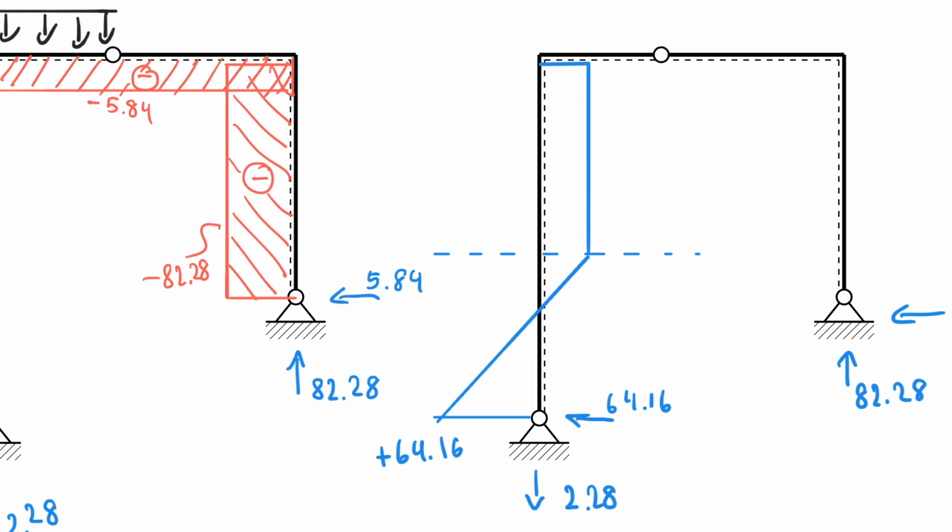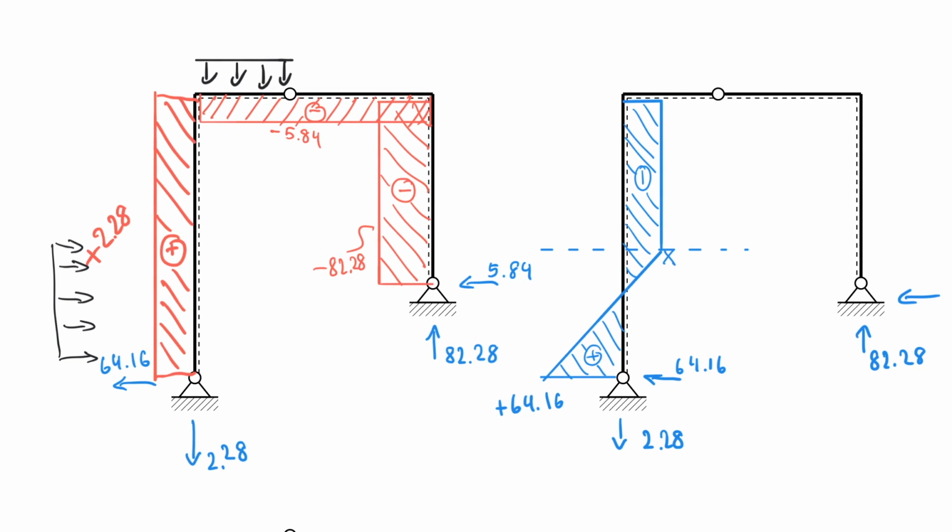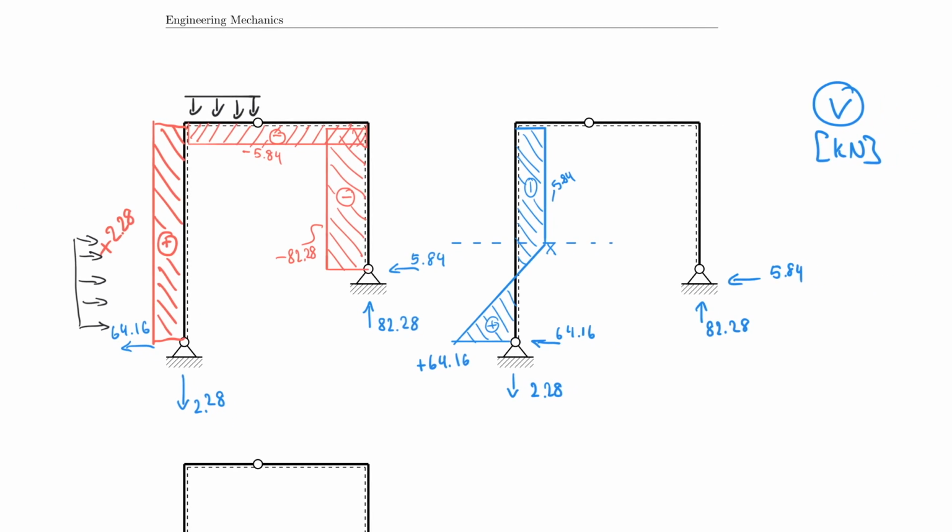So that goes back to 0 there, and I have negative values here, positive values here. And what is my value down here really? It's effectively 64.16 minus 20 times that distance, which also happens to be negative 5.84. So this is negative 5.84.